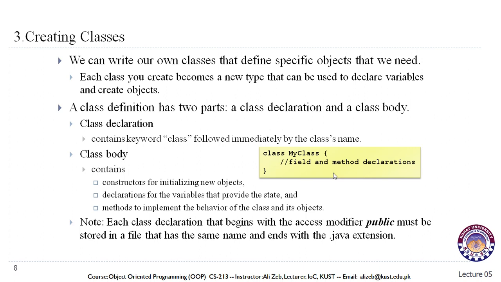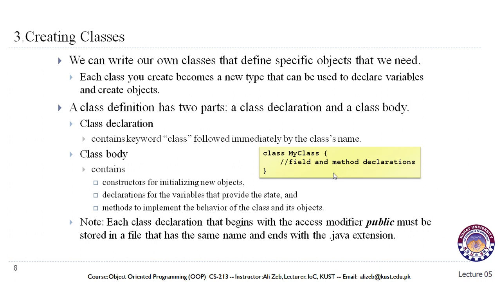There needs to be one public class in our file, and if we want to have multiple classes in a single file, then there must be one single class that is public, and the class name should be the same as the name of the file that we save it with, with a .java extension.